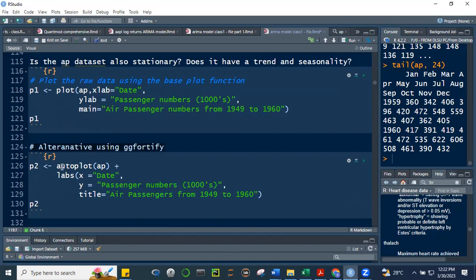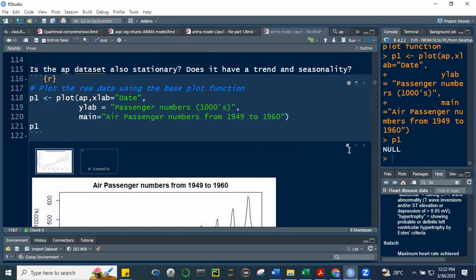Which is just for air passengers. Binago lang natin pangalan. And X label niya date. Y label is passenger numbers in thousands. And then yung main label natin is air passenger numbers from 1949 to 1960. Okay, so let's run this and see how our data looks like.